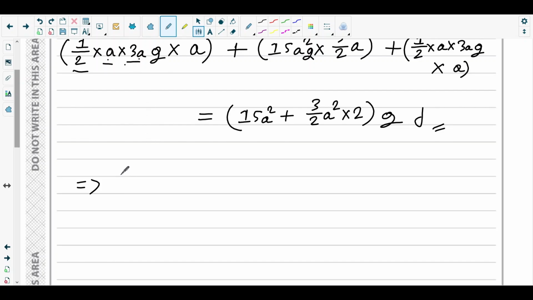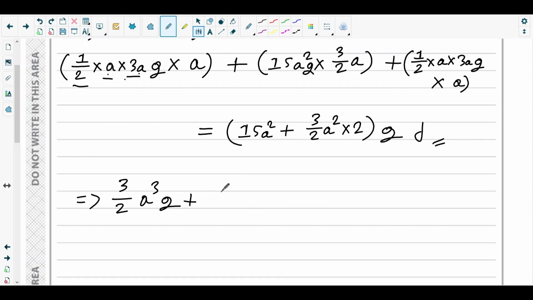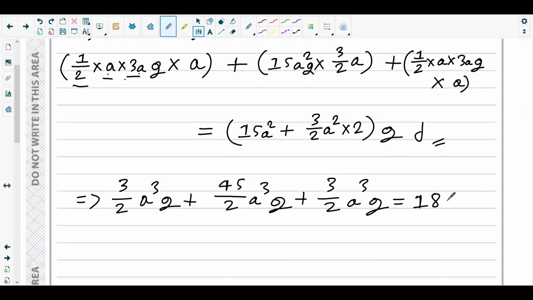So you will get a cubed. 3 over 2 a cubed g plus 15 times 3 over 2, that is 45 over 2 a cubed g, equals 15 plus 3, which is basically 18 a squared g d. 3 over 2 times 2 is basically 3, and 3 plus 15 is 18.